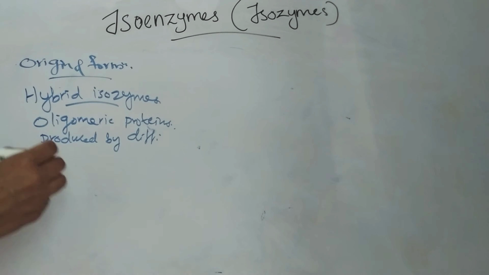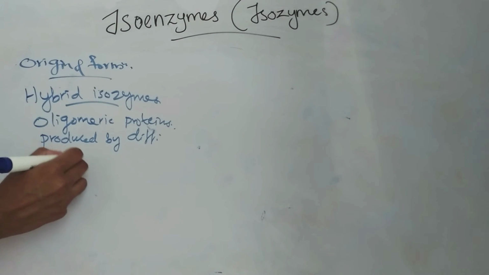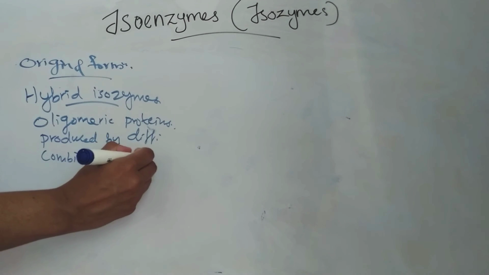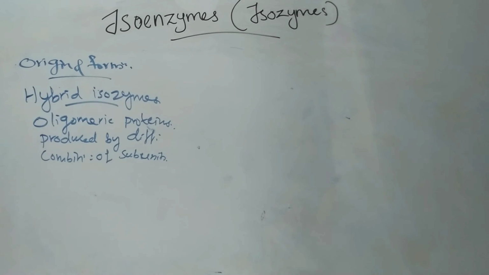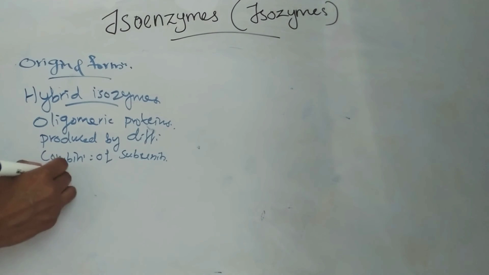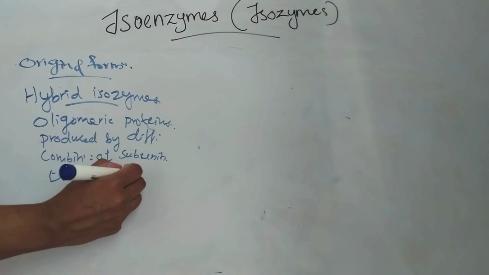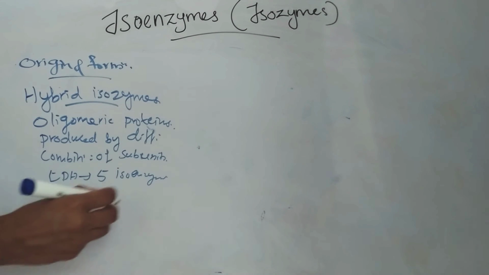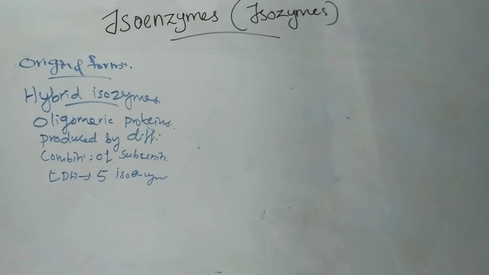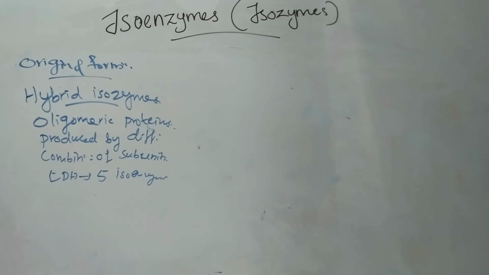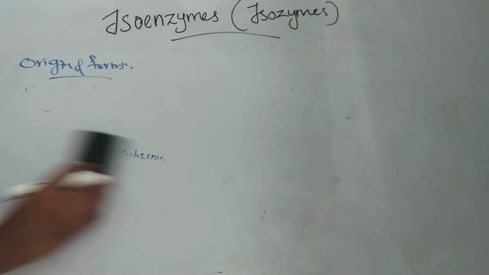For example, LDH. LDH has 5 isoenzymes, LDH 1, 2, 3, 4 and 5. That is hybrid isozymes.